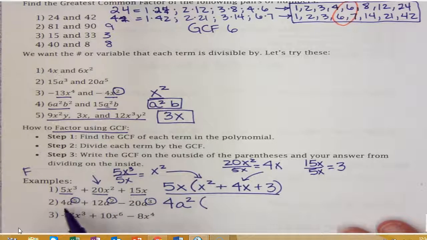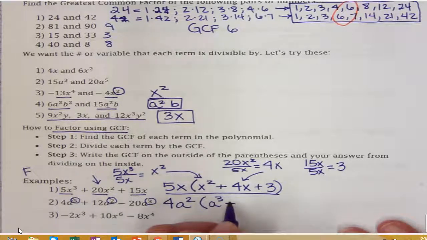When I divide by A squared, what am I left with here? 4 divided by 4 is 1. A to the 5th divided by A squared is going to give me A cubed. Plus 12 divided by 4 is 3.